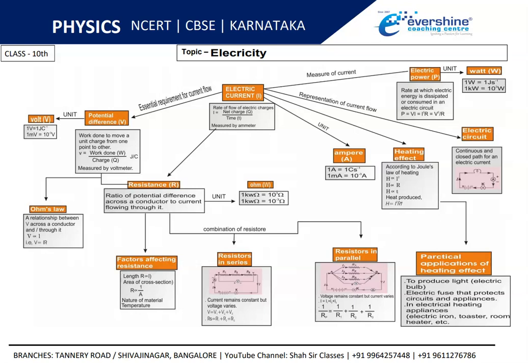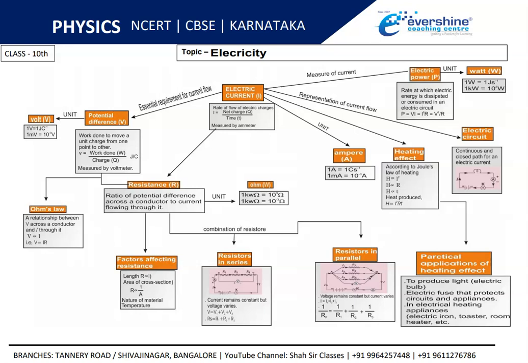Now, what exactly is the meaning of potential difference? Anyhow, I am going to explain it in the rest of the topics, but still you can see here the definition of it. Work done to move a unit charge from one point to another, that is called potential difference. That is V, work done upon charge. Here we have seen the concept called charge. Let me discuss that also briefly after completing this episode.